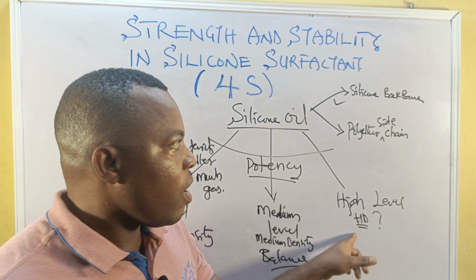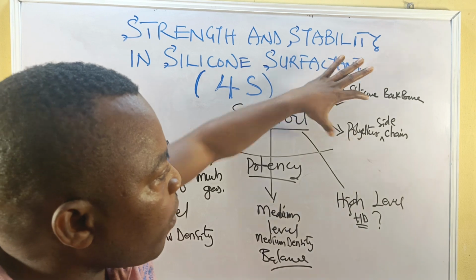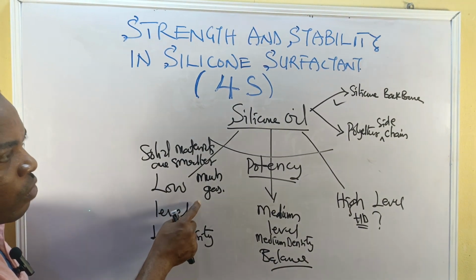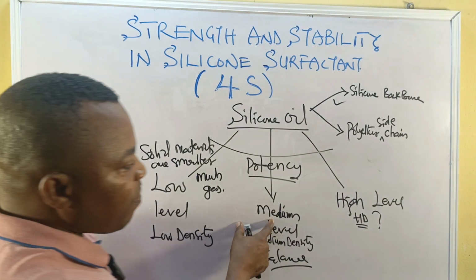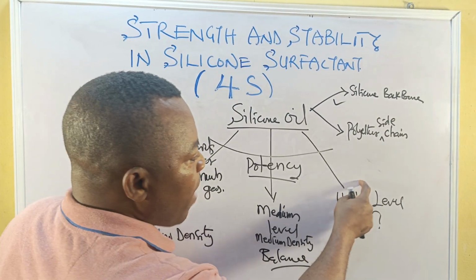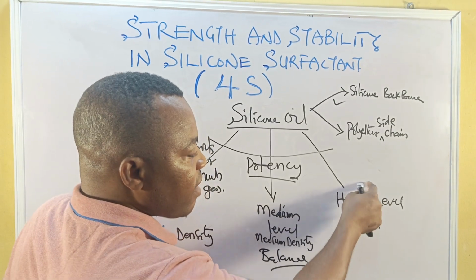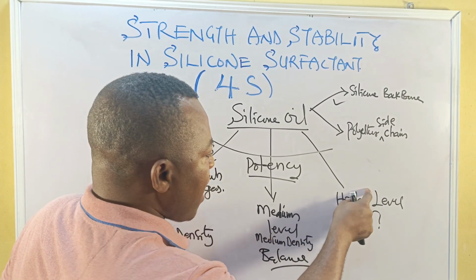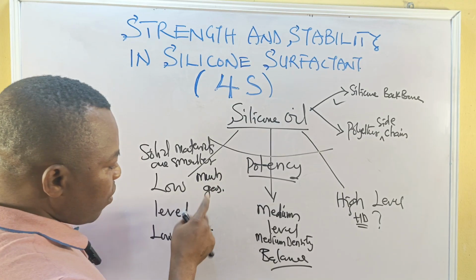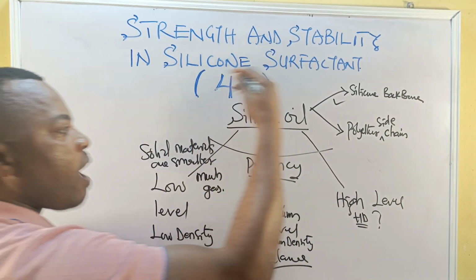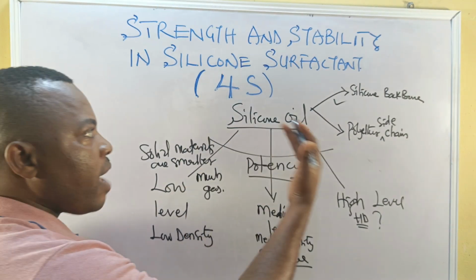Now, when we look at it in terms of backbone, here the silicone backbone is low and the polyol side chain is higher. Here is balanced. Here, the silicone backbone is higher, and the side chain is less. So this is how silicone is being designed.